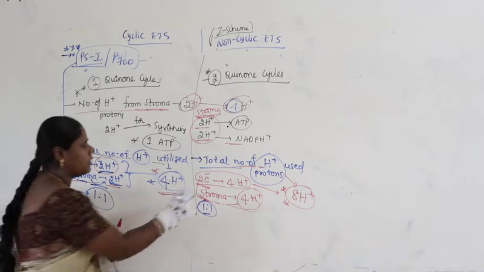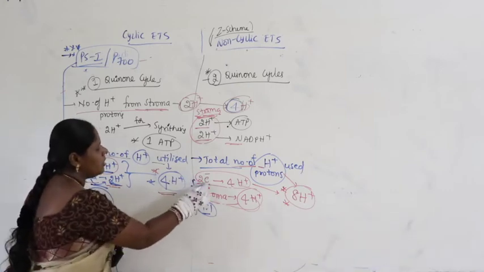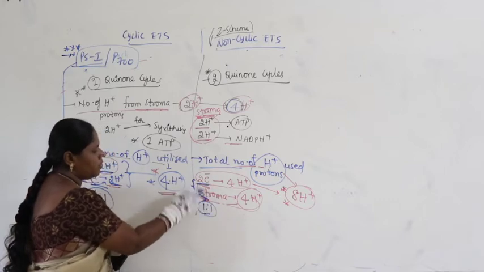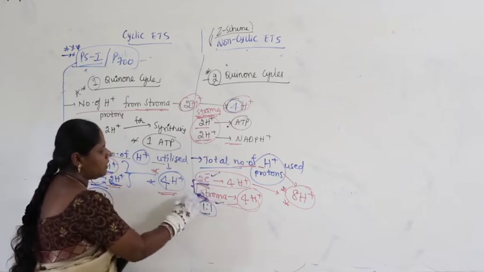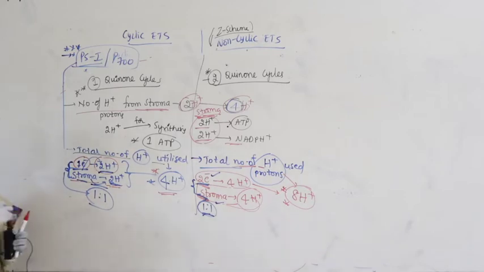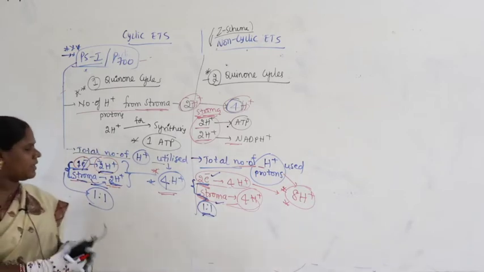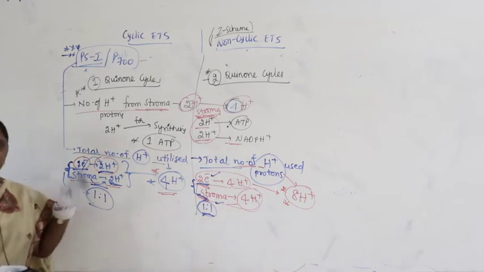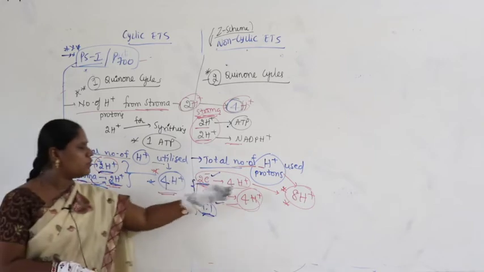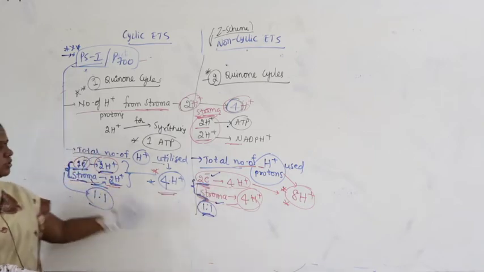Don't get confused. In non-cyclic also 2 electrons 4 protons, stroma also 4 protons, so 1:1. Number of times I say it, people always get confused here. After the exam they tell me, ma'am, here only 1 electron 2 protons, here 2 electrons 4 protons, how will a 1:1 ratio come?